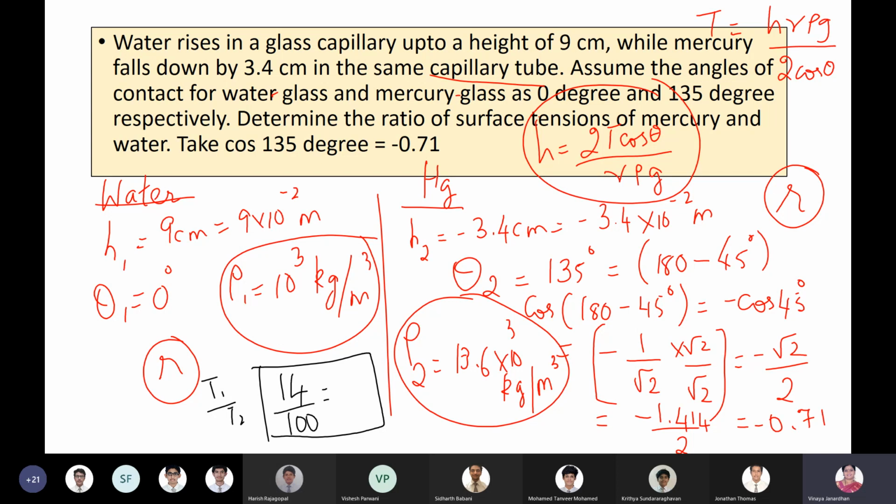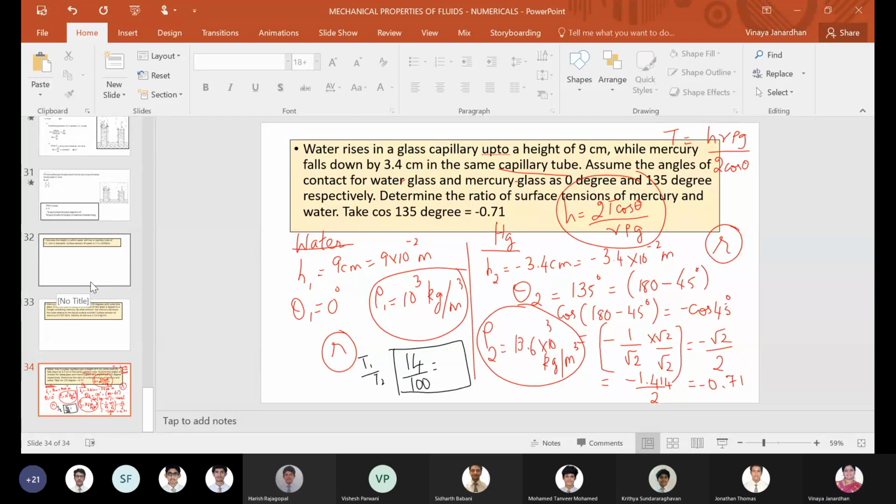T1 by T2, what's the value you plug in? You students have mathematics as your other subject. Then why is it difficult for you to solve? Why is it taking long? Decimal multiplication takes a bit of time, that's all.